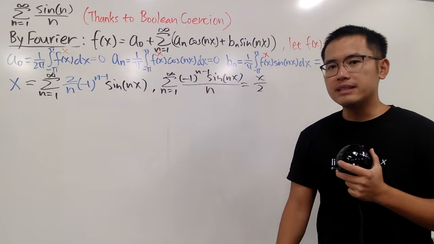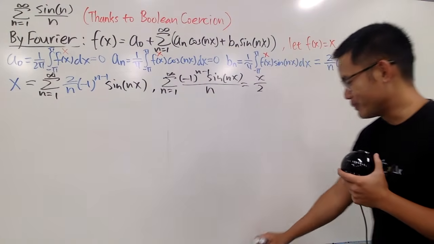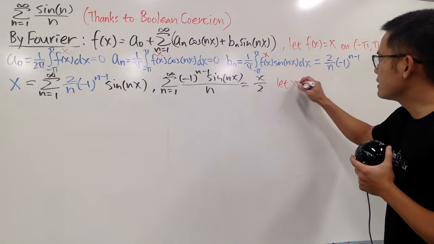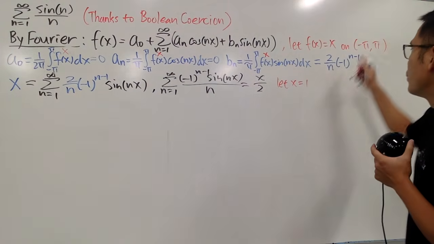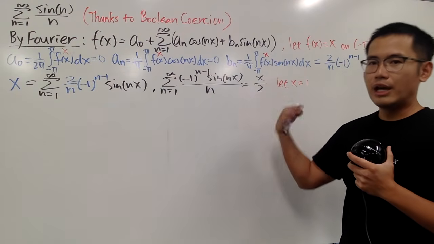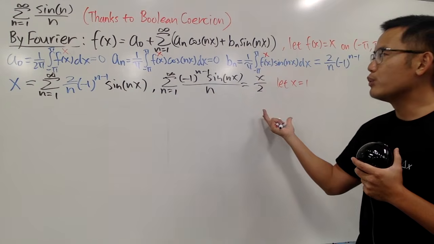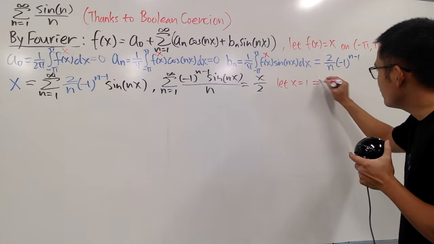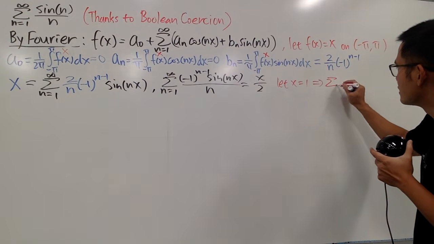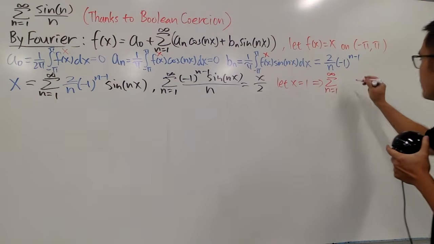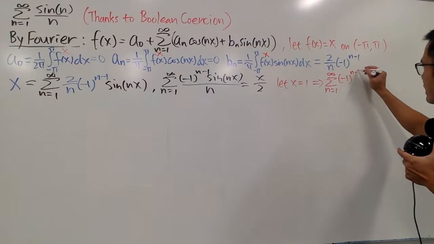Well, if you let x equal 1, let me just put this down right here for you, just for fun. If you let x equal 1, which is, of course, on this interval, put x here and put x here, and you have a really nice series. In fact, you end up with the alternating version of that guy. So when we do that, let me just write it down. We will end up with the sum as n goes from 1 to infinity, and this and that stays, which is negative 1 to the n minus 1 power.